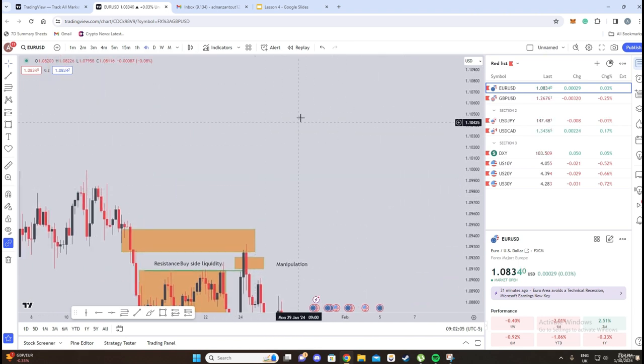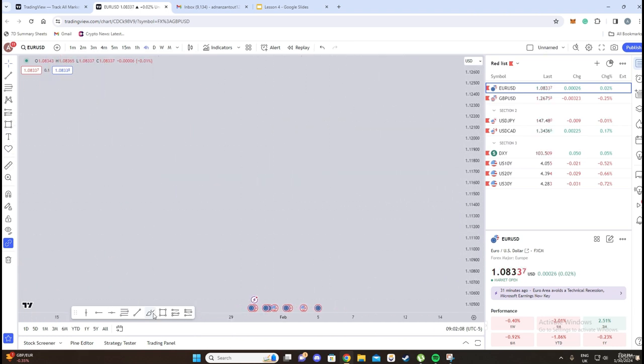So let me show you the structure of manipulation and how it works exactly. Okay, and this is how the manipulation would look. Let's say the market bias is bullish, right? So the market structure is like this, and you're expecting price to trade higher to this point, but below this is a bunch of sell side liquidity.